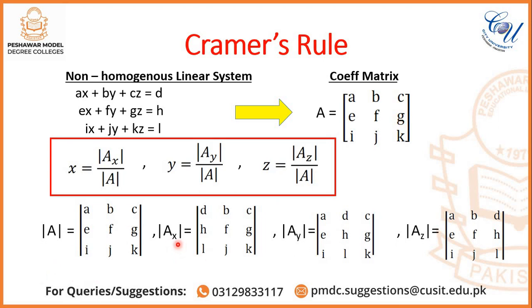Determinant of A for x is the determinant in which we just replace the coefficients of the x variable with the constants on the right side of the equal sign.